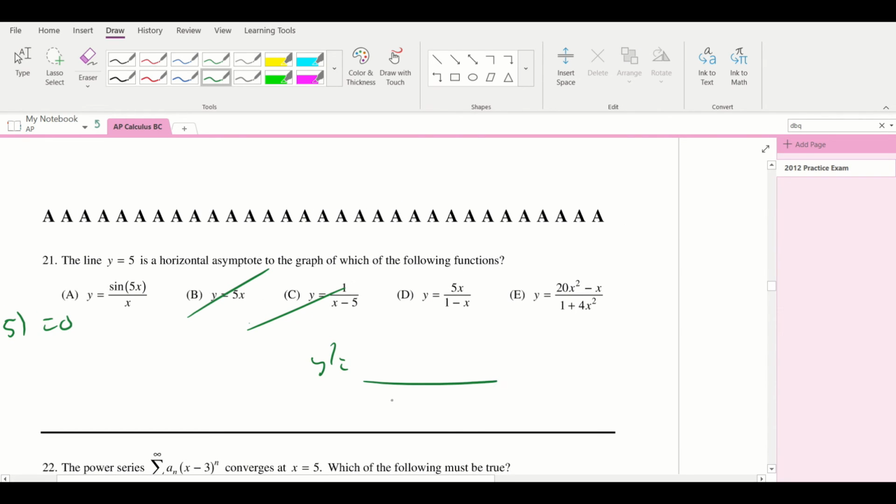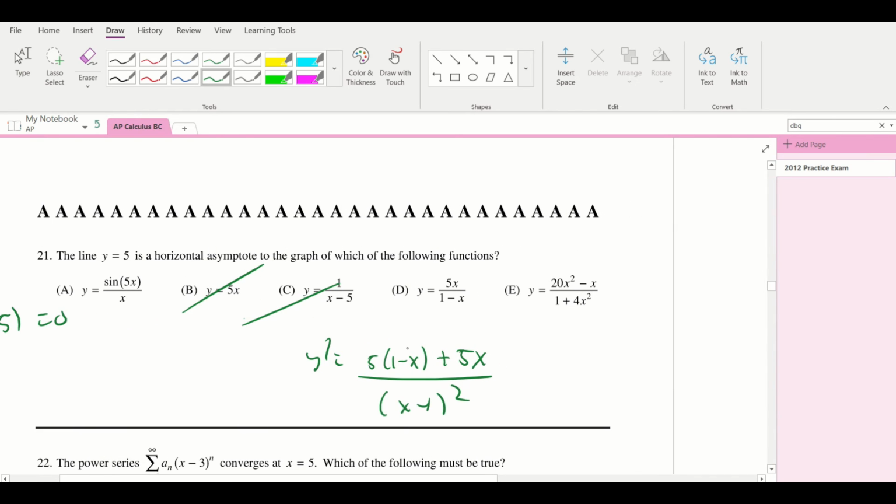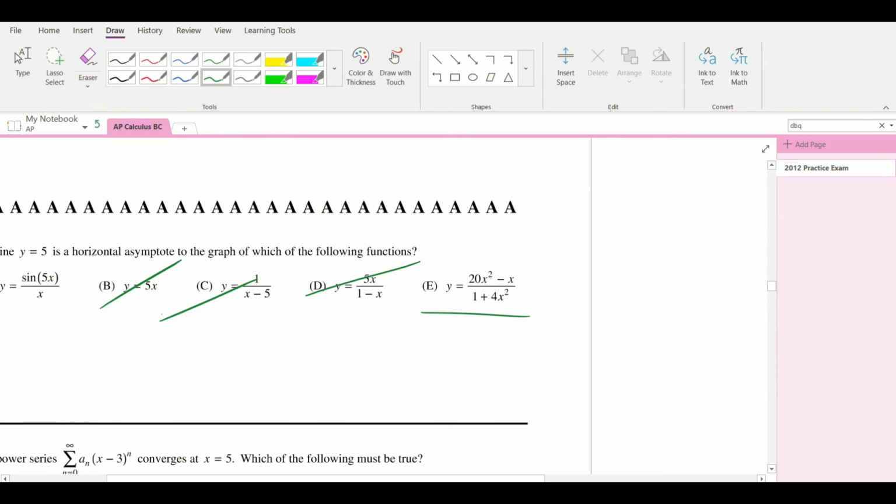So y prime here is equal to x minus 1 squared, 5 times 1 minus x plus 5x. Right. So if we plug in 5 into here, well, this is negative 4, this is negative 20, this is 5. So no, this doesn't work either. Now it's either E or A here.